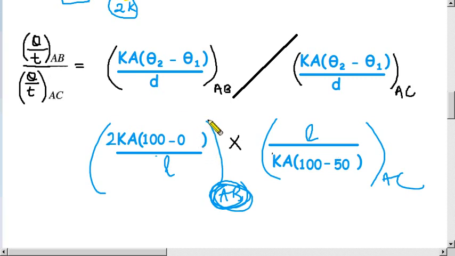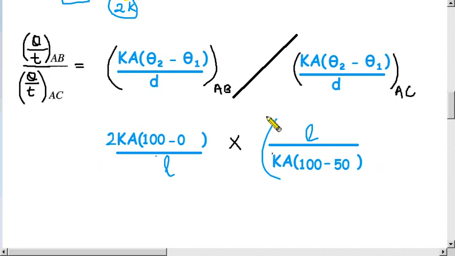Now let us delete these unnecessary things. We have finished substituting. Now let us cancel whatever possible and simplify, then we get the answer. L cancels, K also cancels, A also cancels.